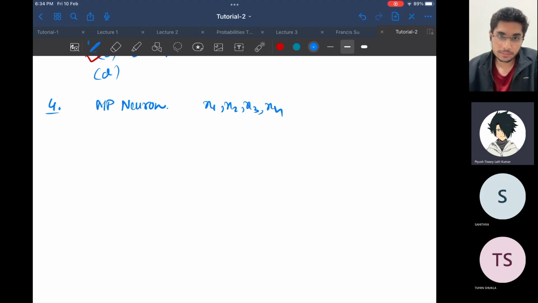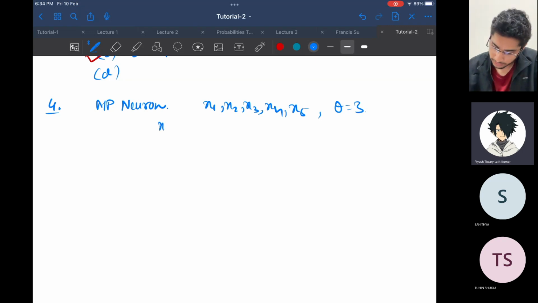So there are four inputs. Actually there are five inputs, x5 is also there. You are given a threshold theta equal to 3, and it is given that x5 is inhibitory. It is asking which of the following statements is true about the output y.